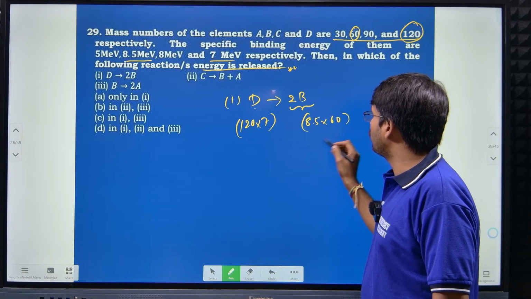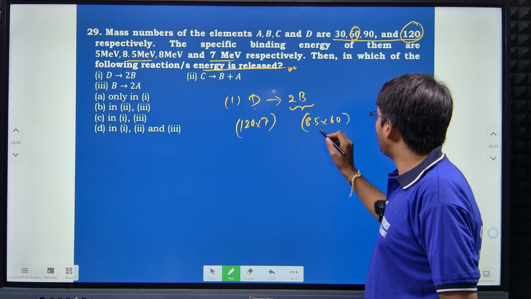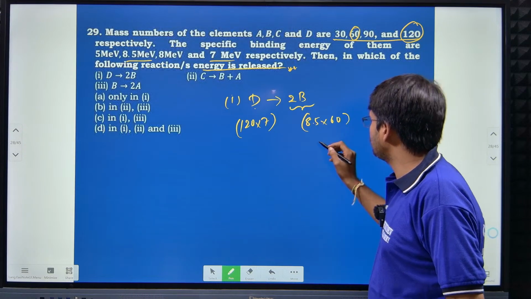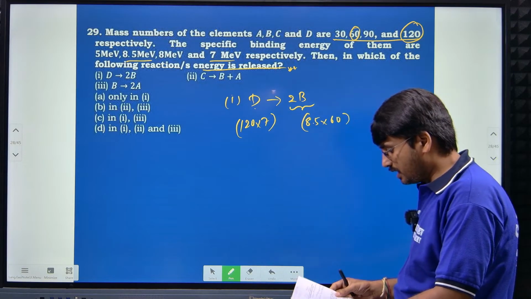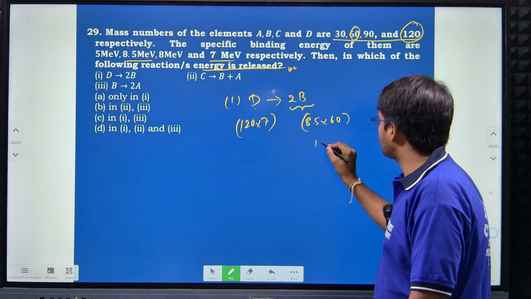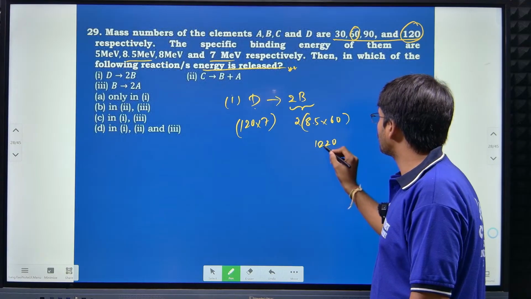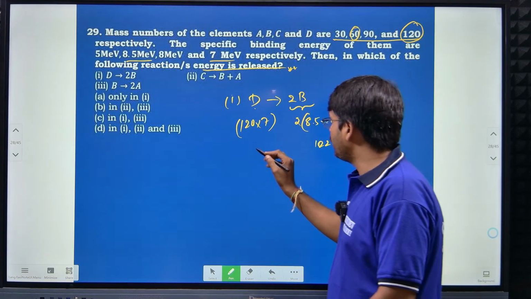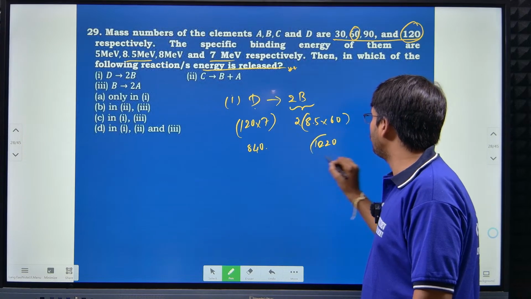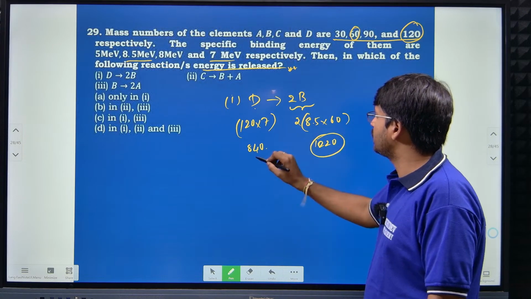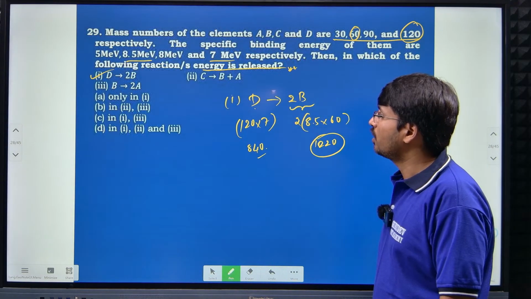If you do the calculation, 8.5 multiplied by 60, and we also have to multiply by the 2 here, we get 1020. And 120 into 7 will be 840. As a result, the total binding energy of the product is greater than this, and as a result we can say that this is a possible reaction.